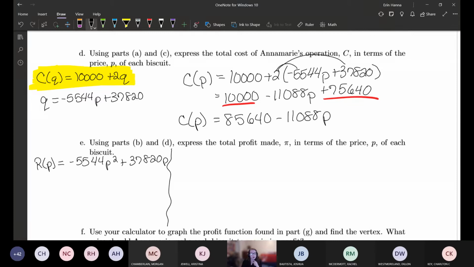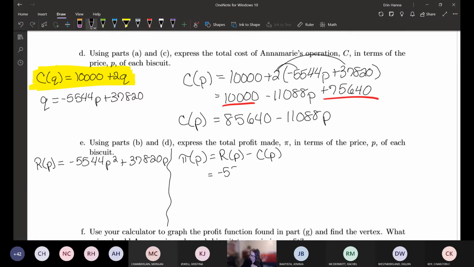So essentially using that cost equation we just found and the revenue function we found before, let's express the total profit for her biscuit operation, if you will. So we're going to have profit in terms of price. Remember, that's going to be our revenue minus our cost.